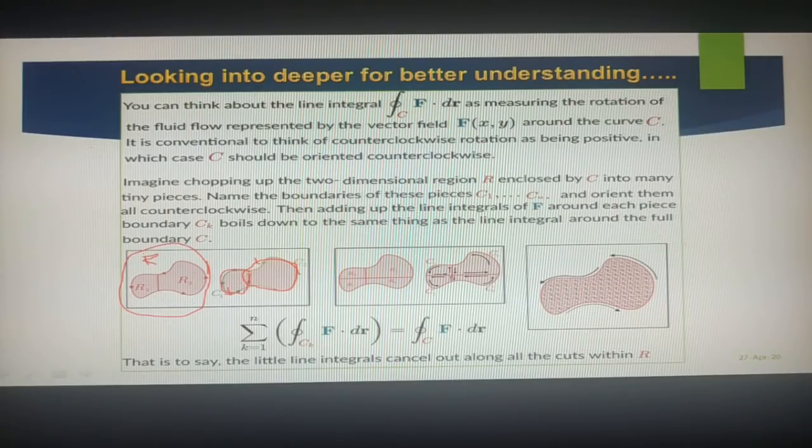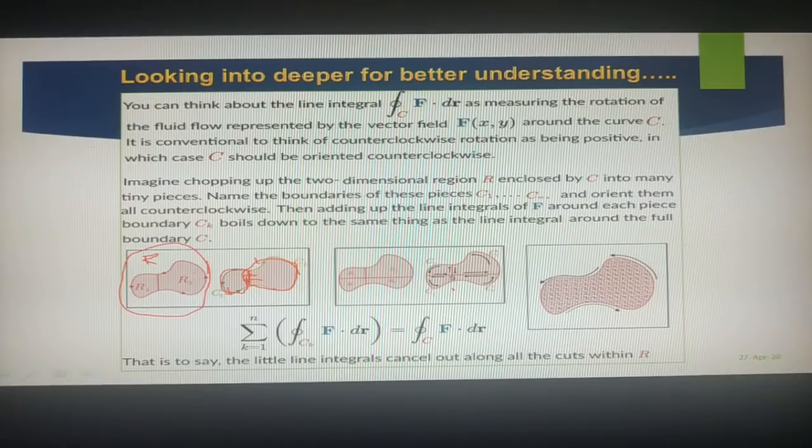If you see in the middle, one is going opposite to the other region, so on the middle line both are in opposite directions, and that integral gets cancelled. Indirectly we are getting only the outside of this curve.